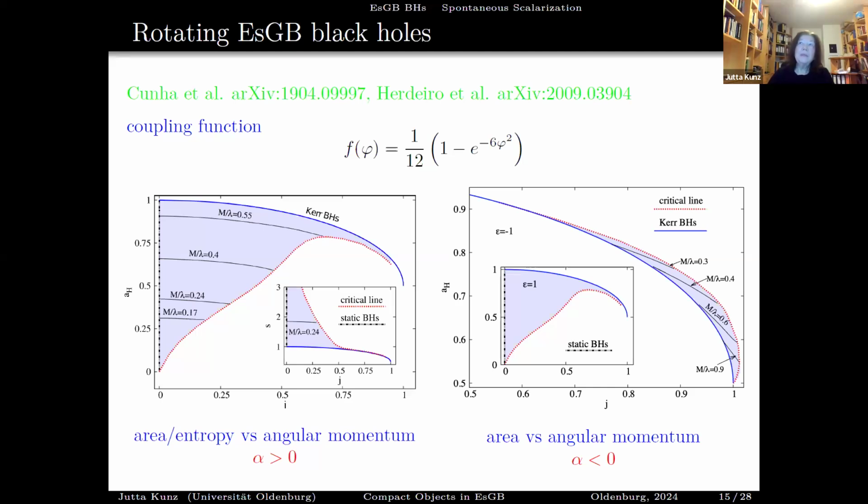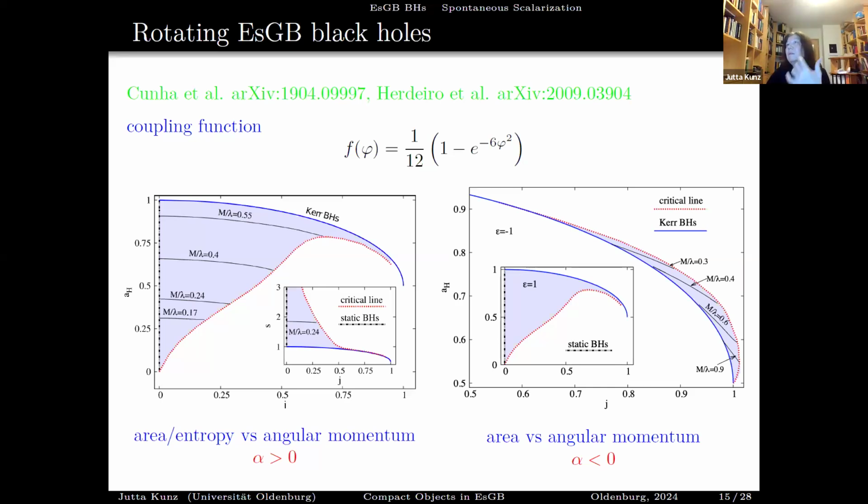You seem to need some other self-repulsion, some self-interaction of the scalar field, in order to get something that gives you positive entropy. Then with this positive entropy, when I observe stability, at least for the low-lying multipoles, there seems to be some correlation.